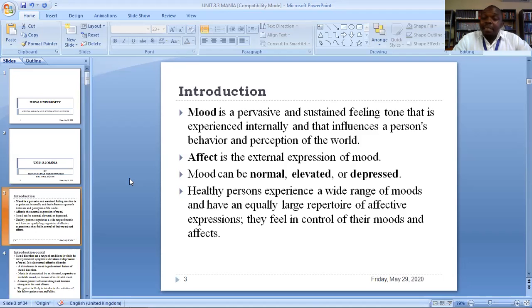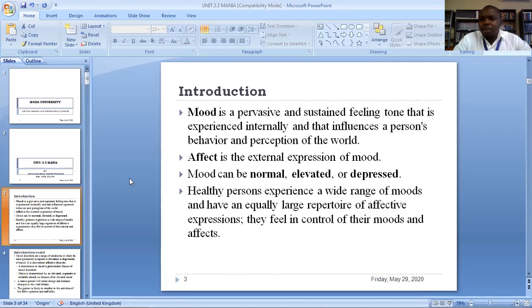You can find some cases where someone's mood inside is that maybe they are not happy, but in their expression, they show as if they are happy. That one usually we say the mood and the affect are incongruent. But to those that show the actual feeling they have internally to the outside world, we can say the mood is congruent to the affect.